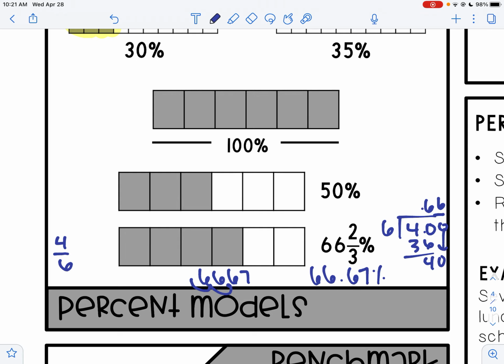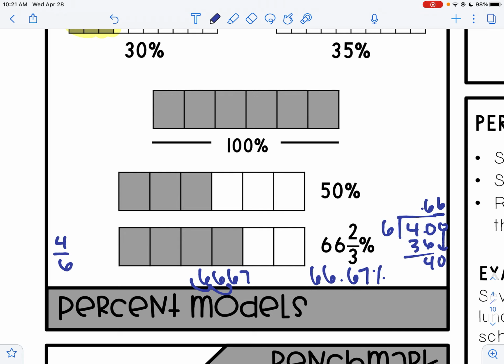The next one that is very common is thirds. So 1/3 is equal to 33 1/3%. 2/3 is 66 2/3%. Now it's going to be very helpful for you if you can memorize these. It's going to take a lot less work in the long run.